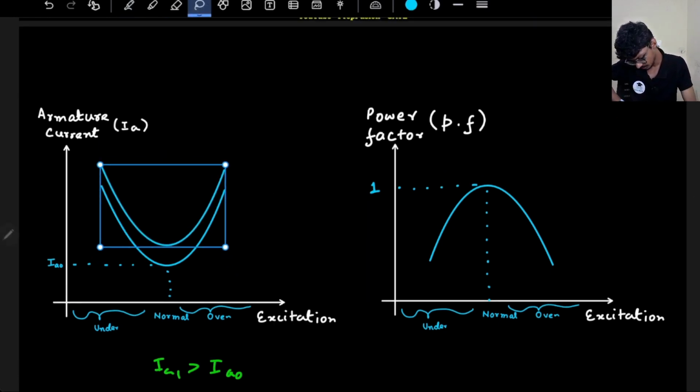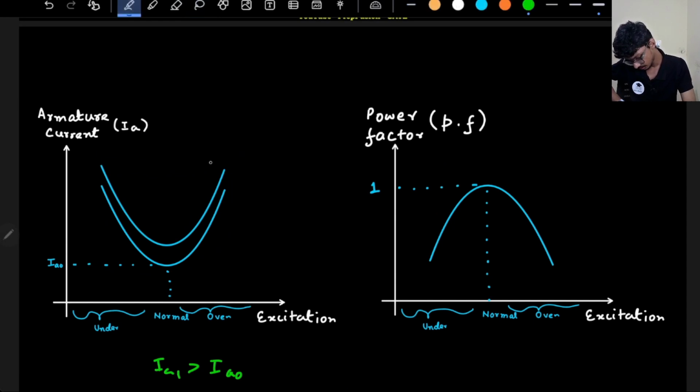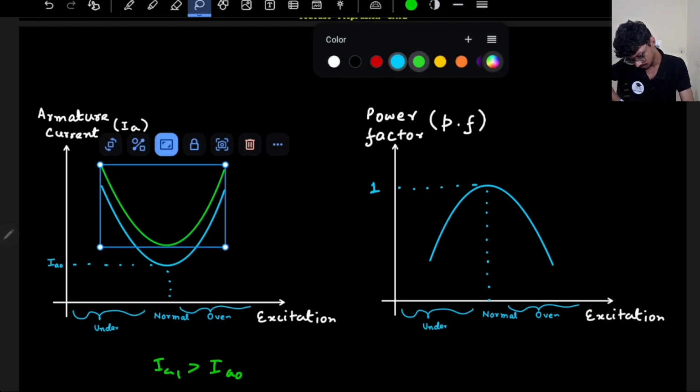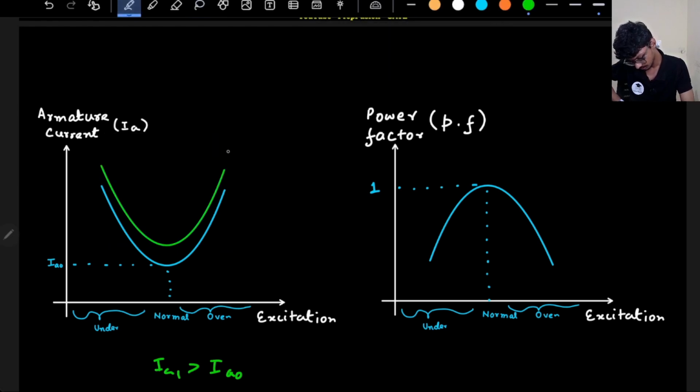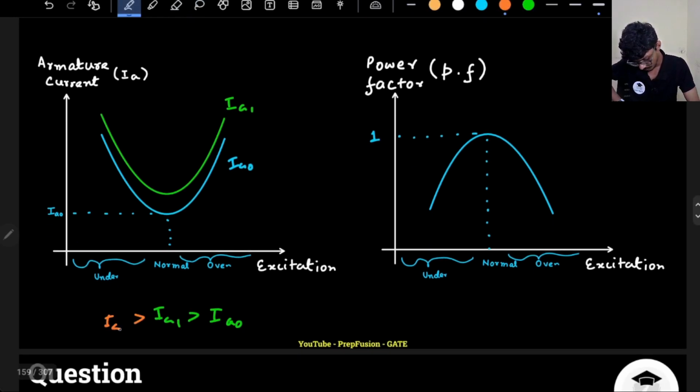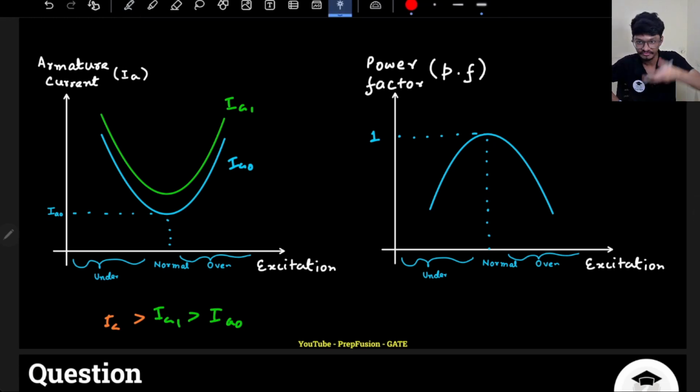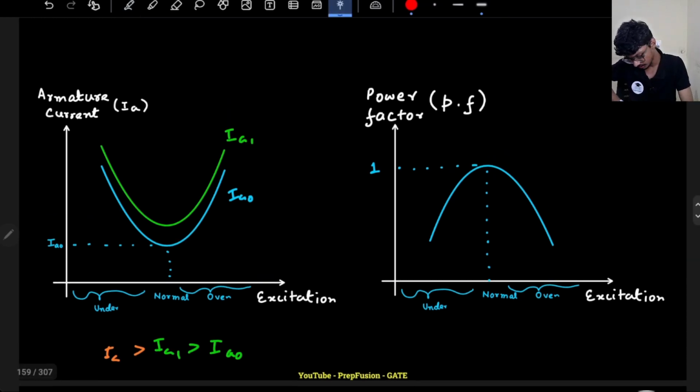This will be, let's say, for current I1, this is IA0. If I keep on increasing the current, let's say I go to IA2, then of course this graph also will shift upwards.